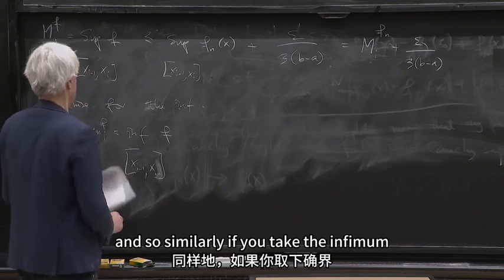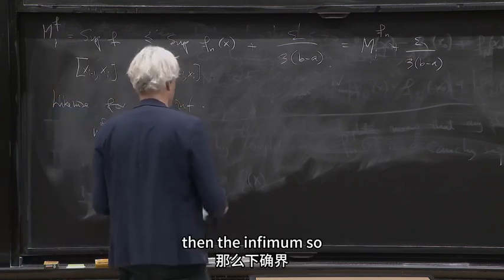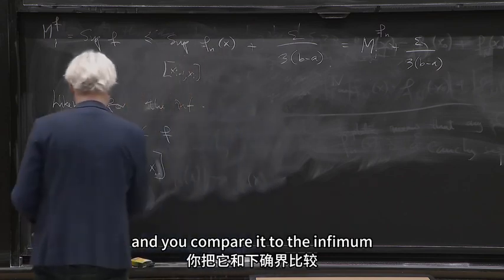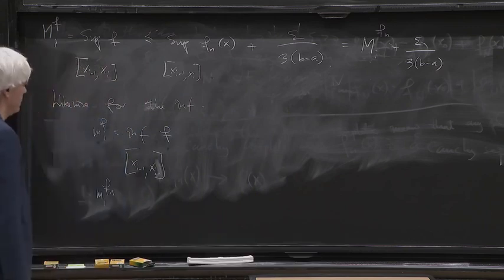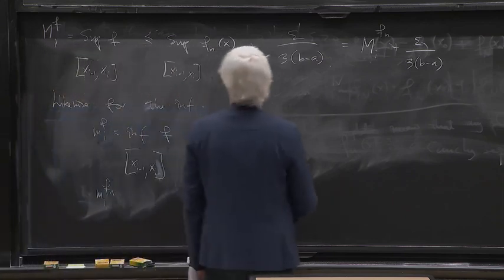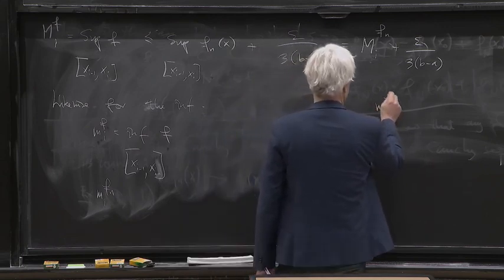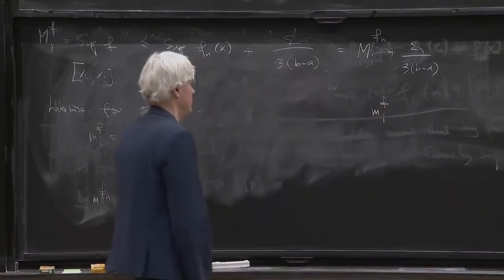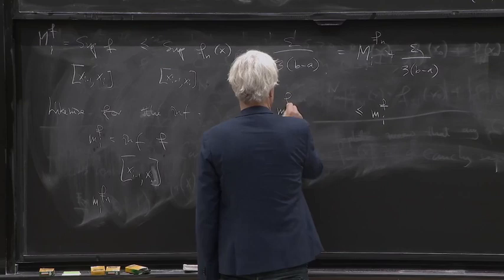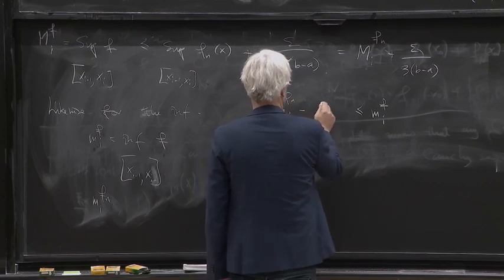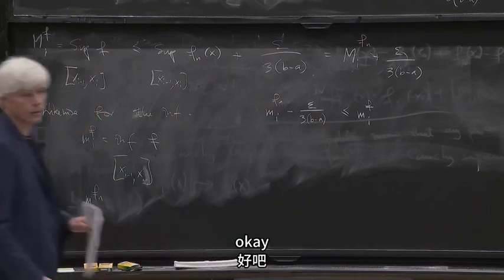So similarly, if you compare the infimum of f to the infimum of fn on the same interval, the same argument with obvious changes means that mi f is bigger or equal to mi fn minus epsilon over 3(b - a). Okay?